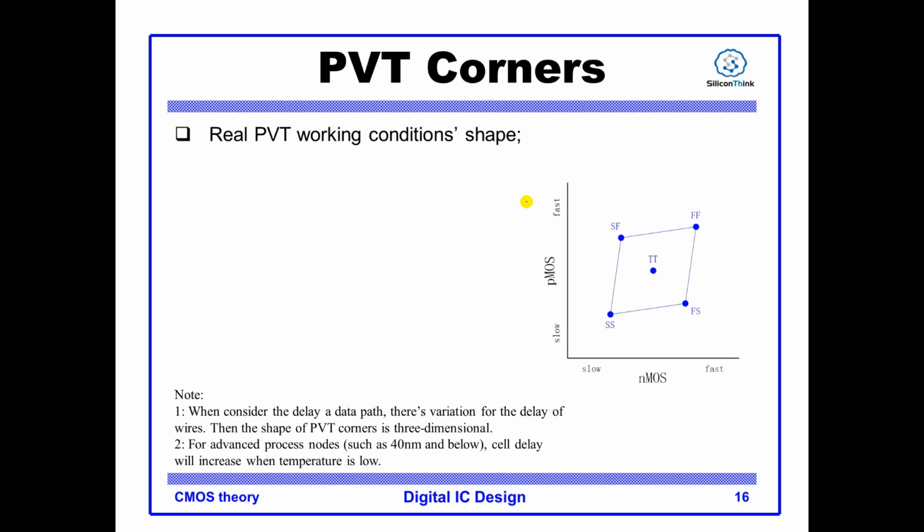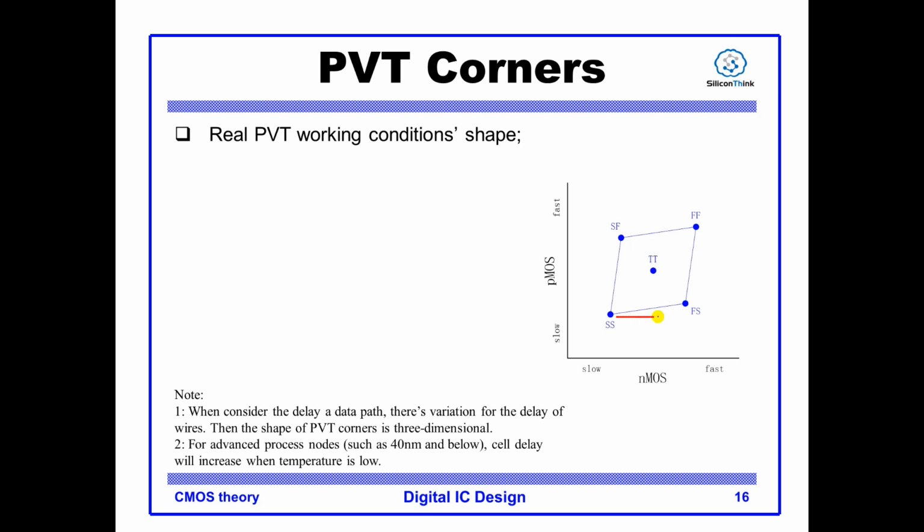Well, for a real case, the shape of the PVT condition is not a rectangle. It's a polygon like that. This is because the working conditions of PMOS and NMOS have some relationships.